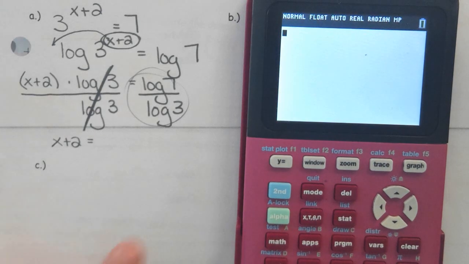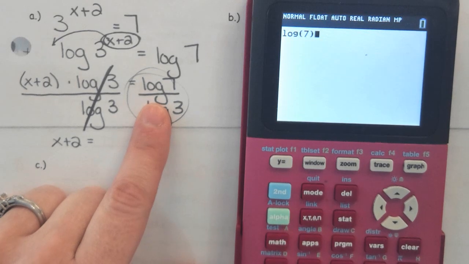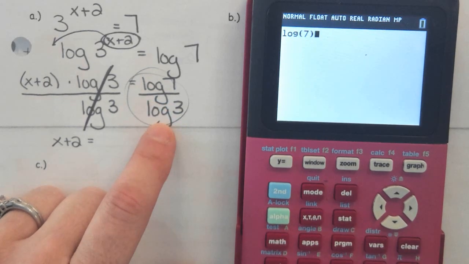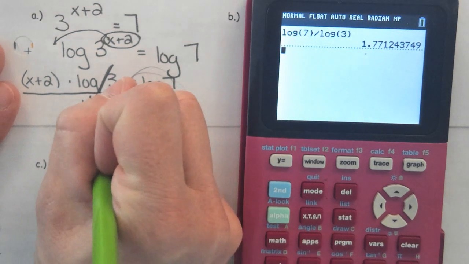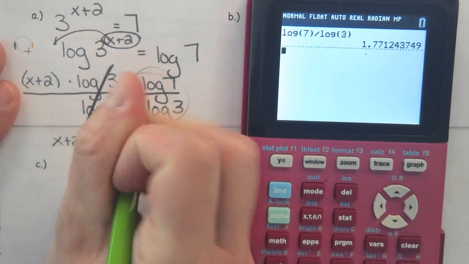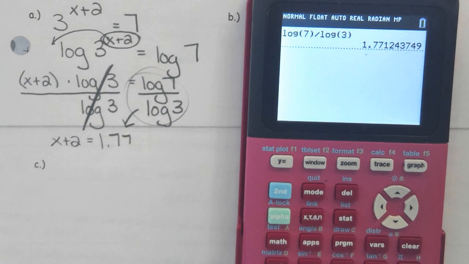So on my calculator, I'm going to hit log 7, close the parenthesis because we just want to take the log of 7, divided by log 3. So it's 1.77. So that whole mess of stuff that looks super intense is really just 1.77.